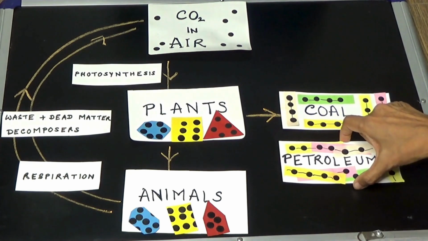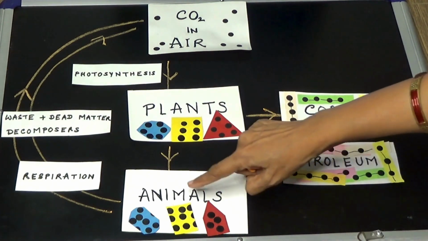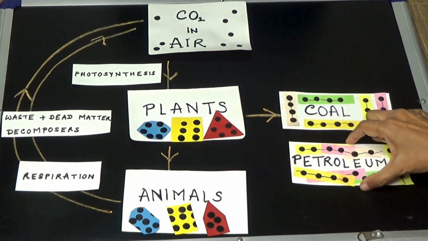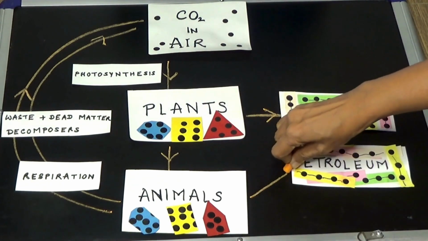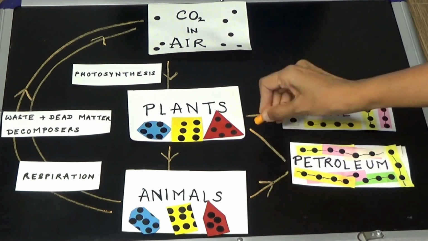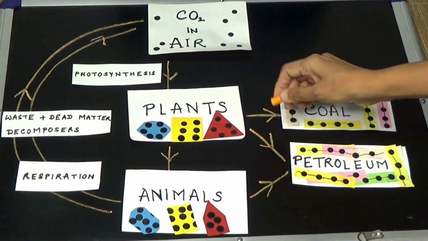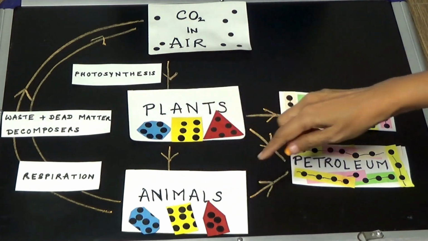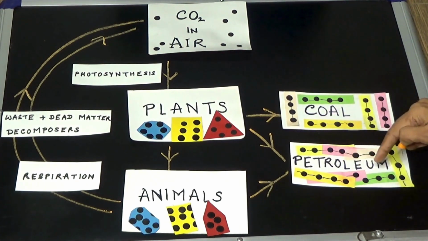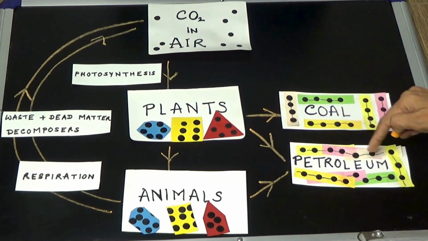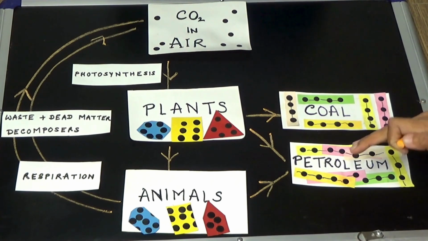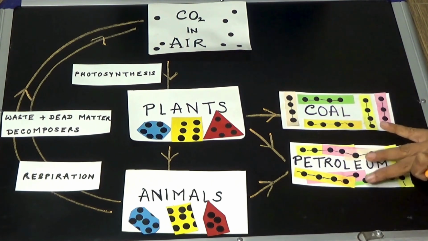So similarly we have petroleum generated. Petroleum is another kind of substance made out of animal and plant bodies, and it is generated below ground, below land, and also sea, below water as well. Again, petroleum takes millions of years to get created out of a whole lot of plant and animal bodies which decompose, rot, and under intense heat and pressure petroleum is generated, which is a large number of carbon chains, small or big.